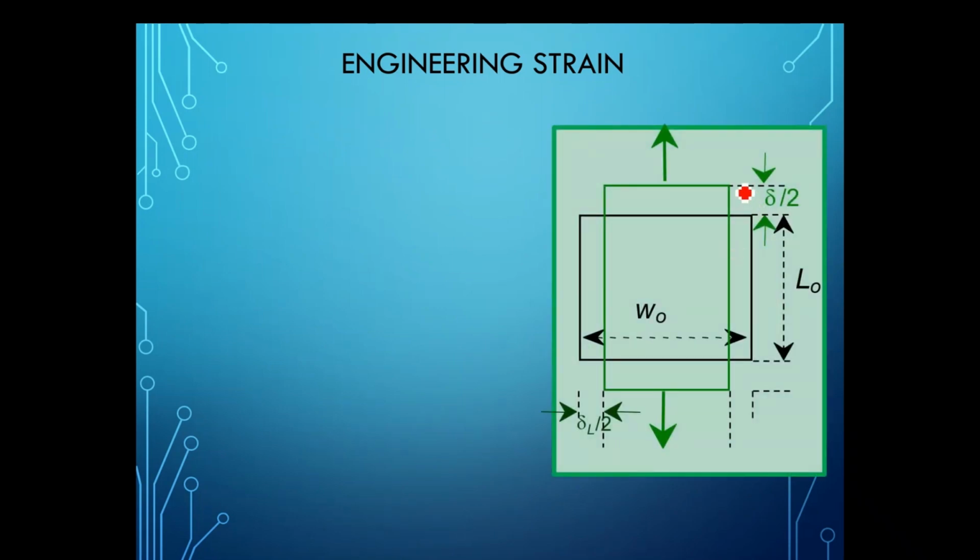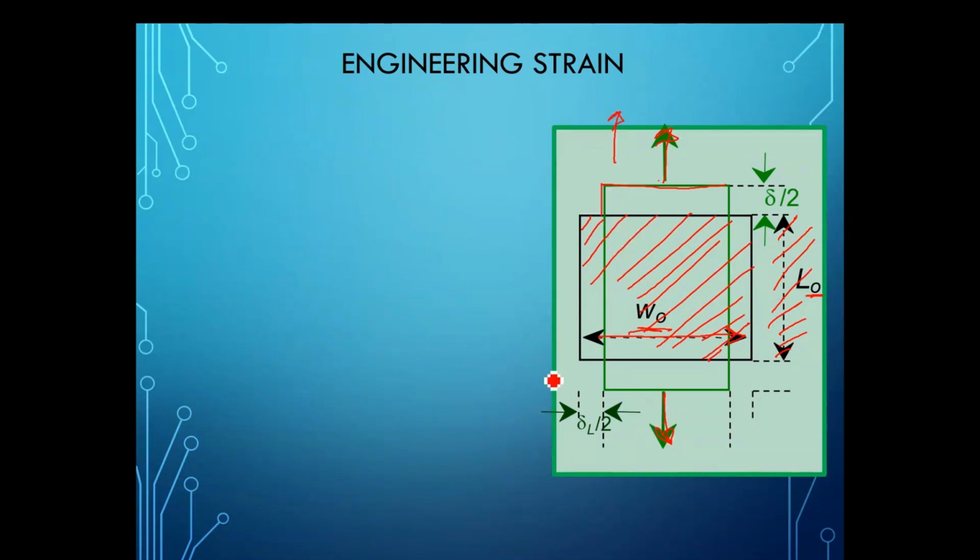Right. So, moving on, how do you define engineering strain? Let's say I have this block originally. The original width of the block is W naught, and the original length is L naught. As I apply tensile load, after a certain load has been applied, the material elongates in this direction and it contracts in the lateral direction.